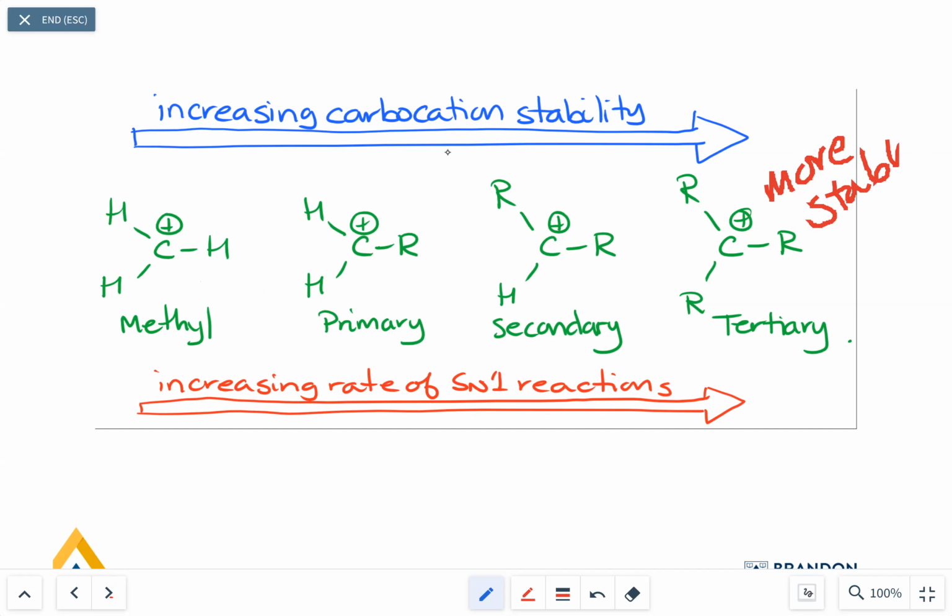So if you're increasing the carbocation stability, you're going to be increasing the rate of the SN1 reaction, because that peak on the energy diagram, that late transition state, is going to resemble the carbocation. So if this is more stable, it's going to be lower in energy.